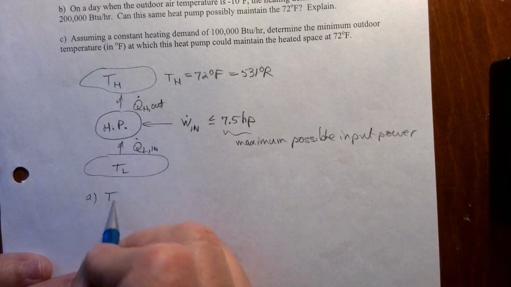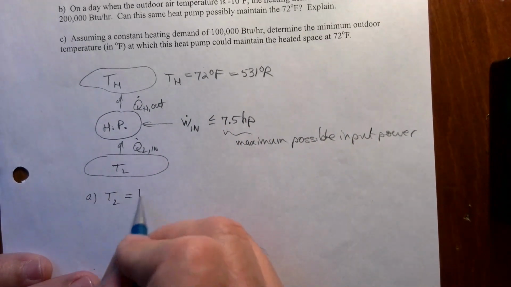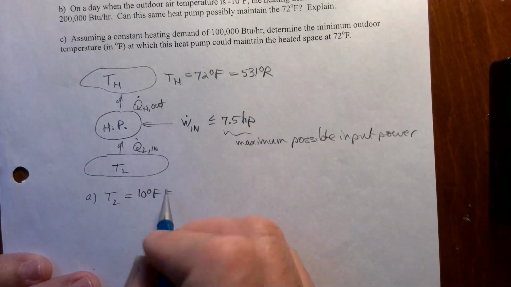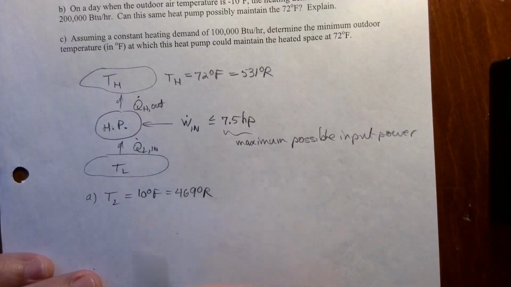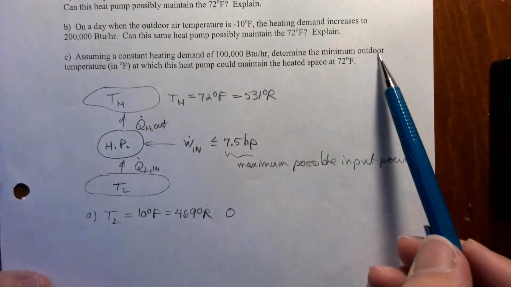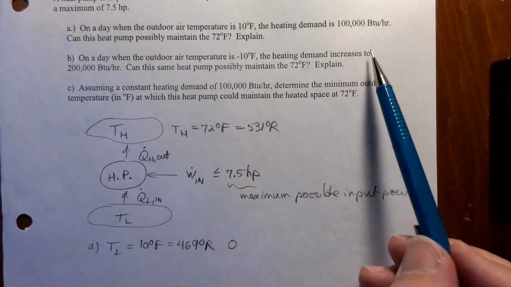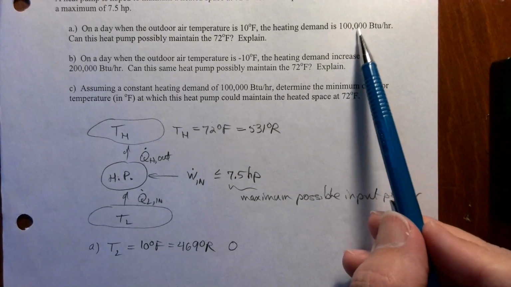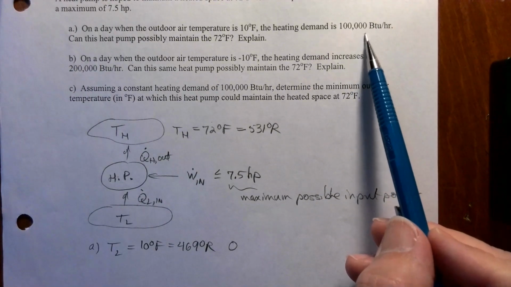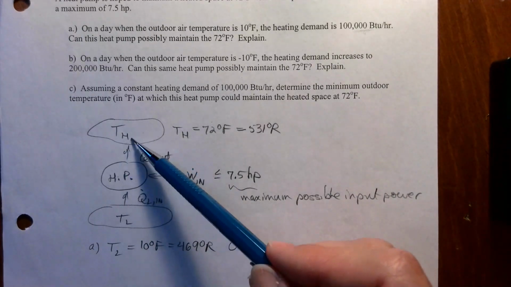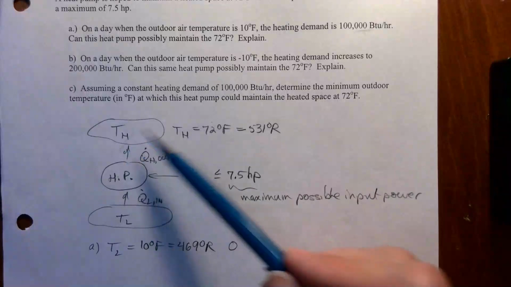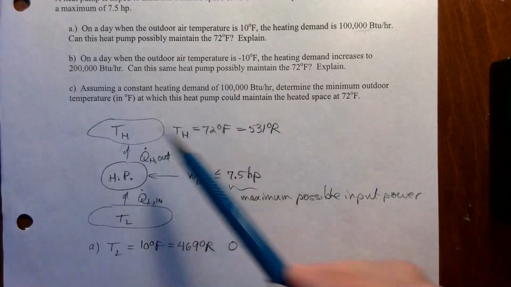Okay, so considering part A, they're going to tell us that TL is equal to 10 degrees Fahrenheit. Convert that immediately to 469 Rankine. And then they're telling us that the heating demand is 100,000 BTUs per hour. So the heating demand, that's how much heat has to be provided to this space in order to maintain that 72.